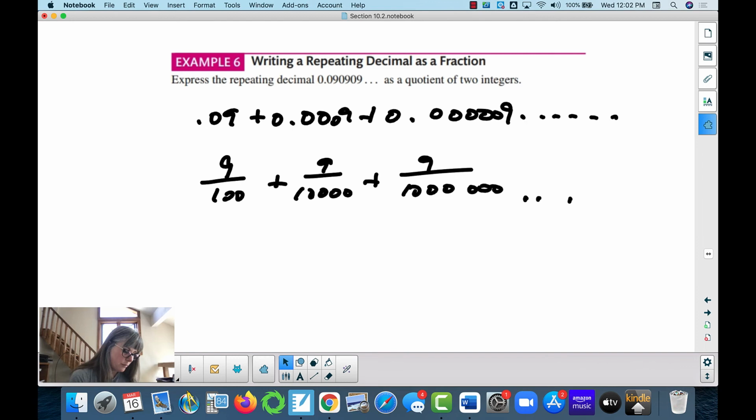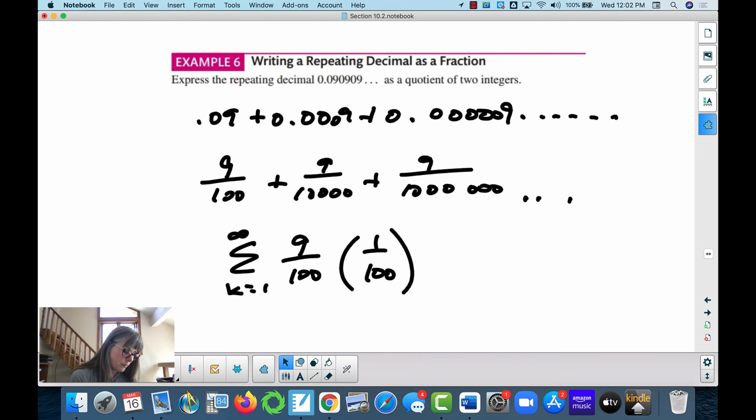So we can write this as a geometric series by saying we start with 9 over 100, that's the first term, and then each term we're multiplying by 1 over 100 to some power, the k minus 1 power.